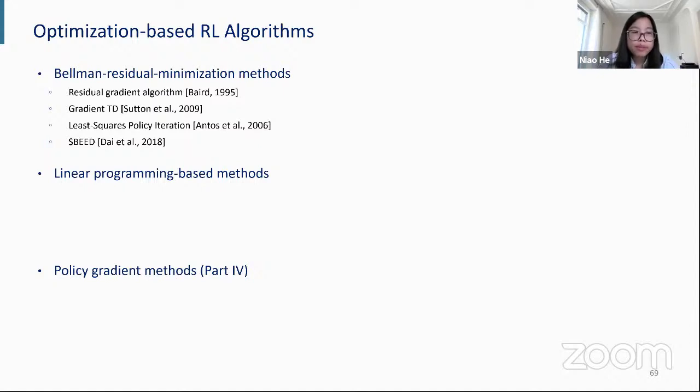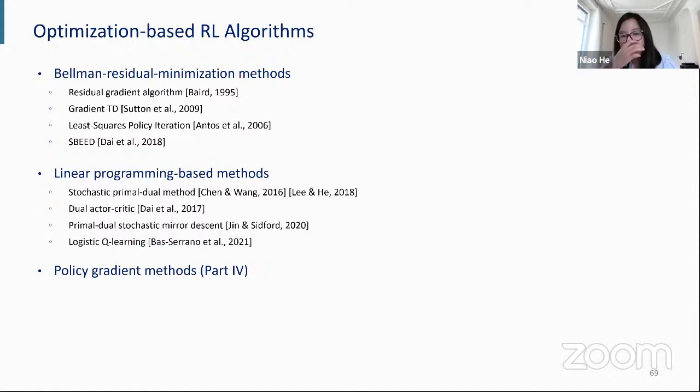Then there is another family of algorithms based on the linear programming reformulation of Markov decision processes. There are lots of interesting algorithms like primal-dual algorithms and mirror descent algorithms for solving this to find optimal policies, and those can be easily integrated with nonlinear function approximation.